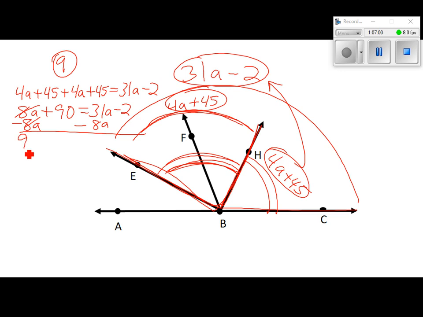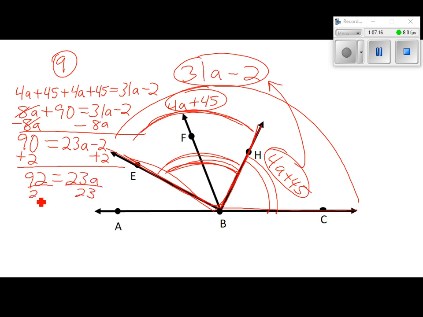Scoot this over a little bit because I'm running out of space going that way. That's 23A minus 2. Add 2 to both sides. 92 equals 23A. Divide both sides by 23. Grab your calculator. Type in 92 divided by 23. And it comes out to 4. And again, be careful because that's not what they ask us to find.